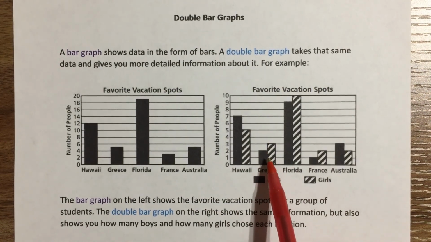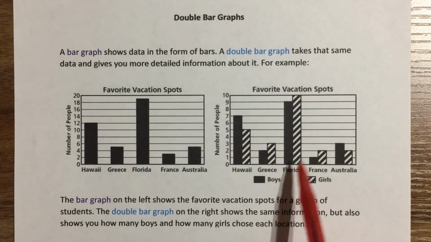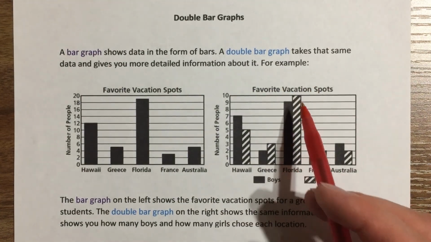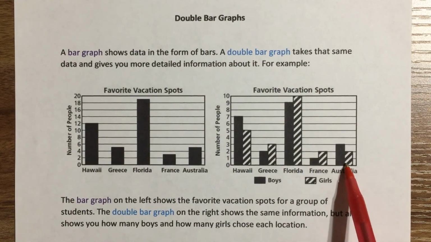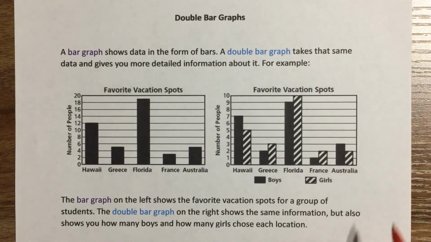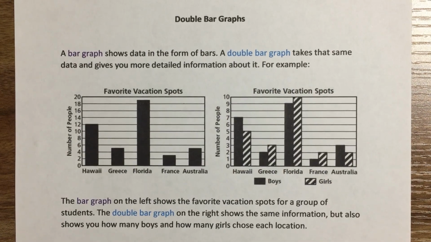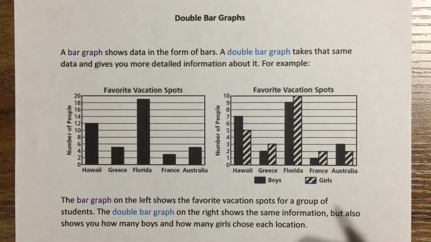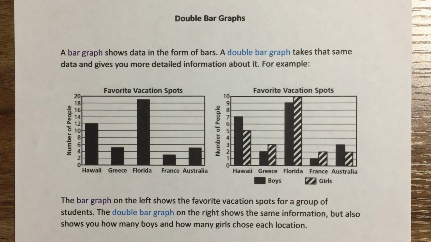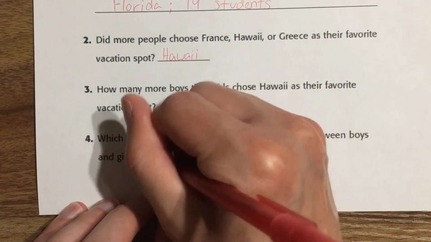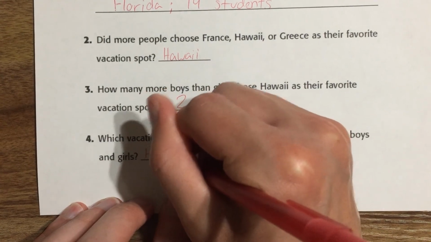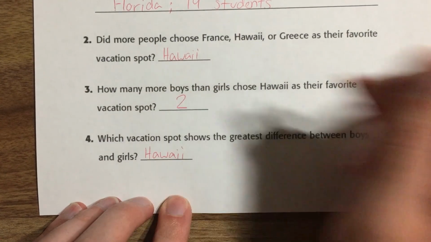Greece, we only have a 1-person gap, 2 to 3. Florida, we have a 1-person gap, 9 to 10. France, we have a 1-person gap, 1 to 2. And Australia, we have a 1-person gap, 3 to 2. So the one that had the biggest gap, that showed the greatest difference between boys and girls, is Hawaii. Only 2, but that was the biggest out of all 5 of the vacation spots.